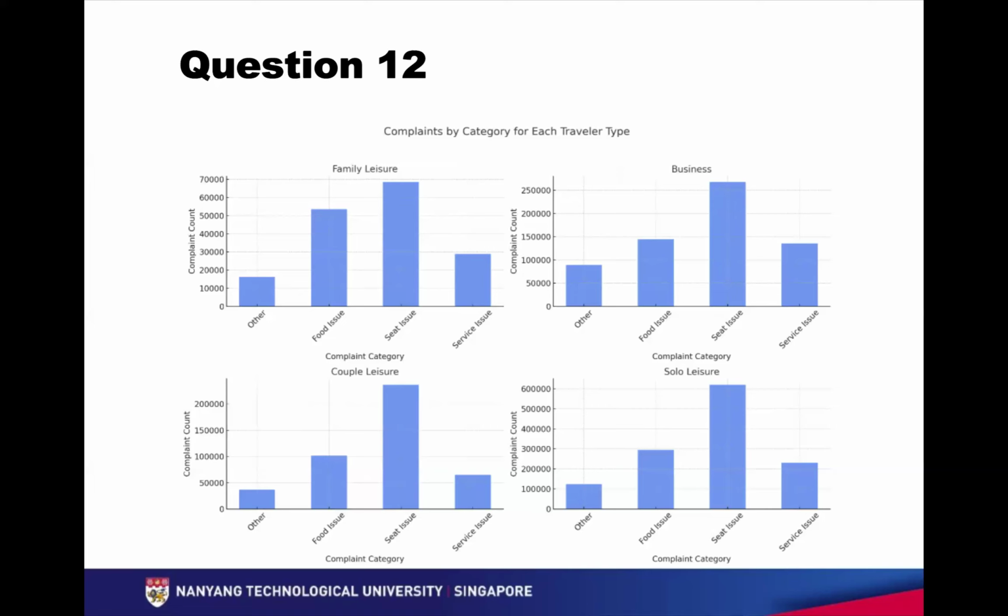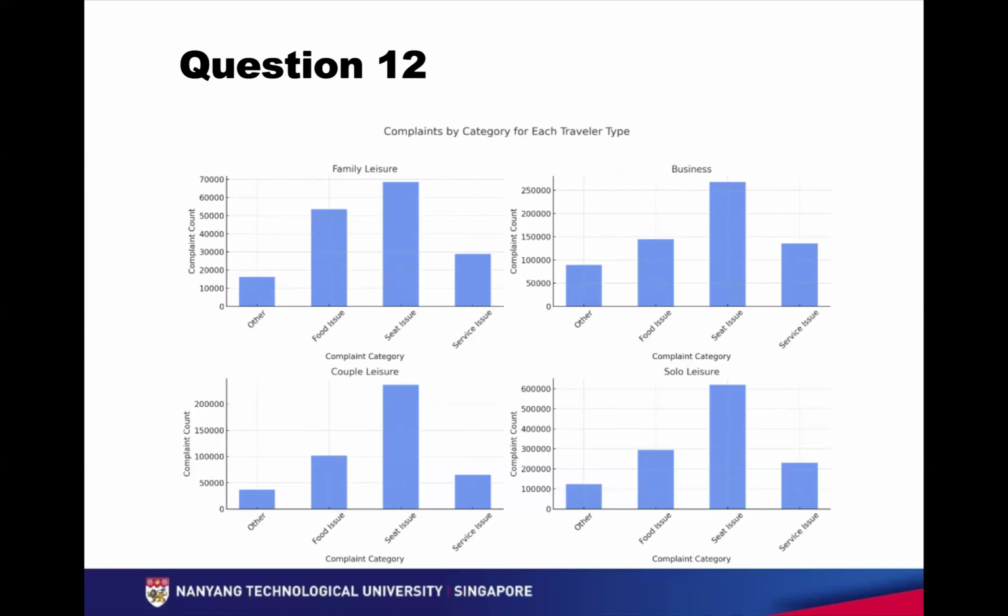Then we can go to the lower left to see the couple leisure. As we can see, couple leisure travelers mainly weigh on the seat issues. The seat issue is approximately 2 times the food issue, the meals issue. We can infer that couple leisure travelers weigh more on the degree of privacy or personal space, because they want to enjoy time together without disturbances from other passengers.